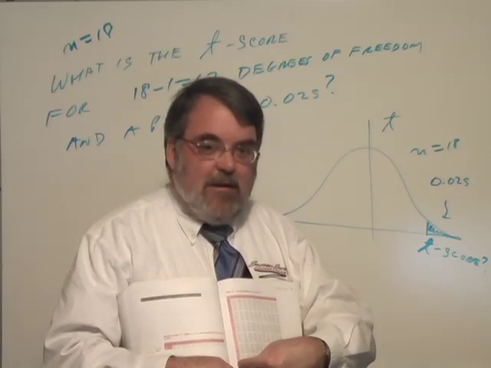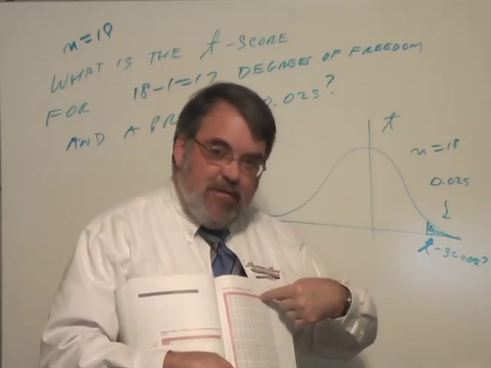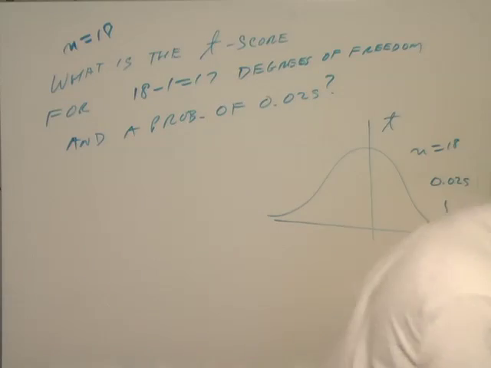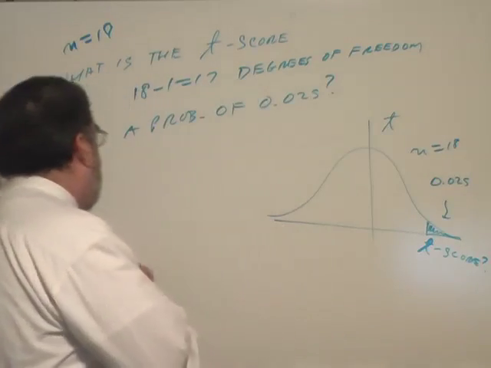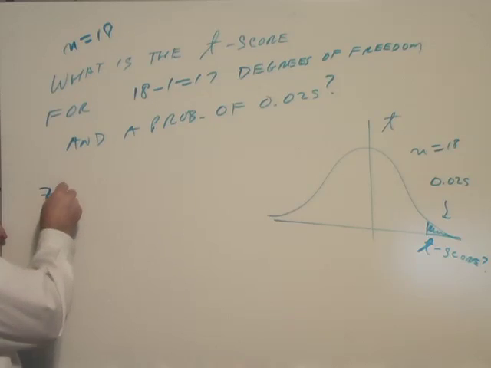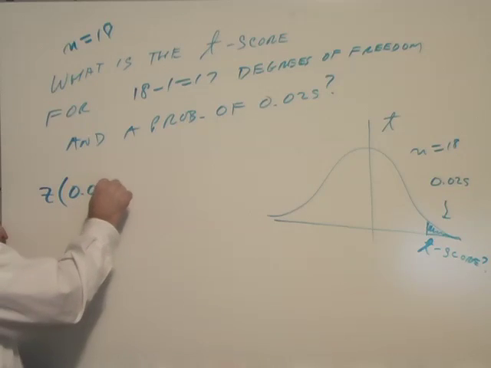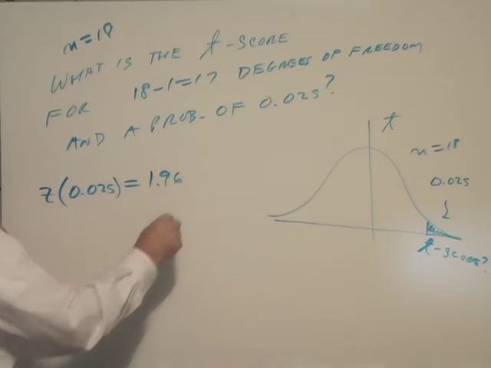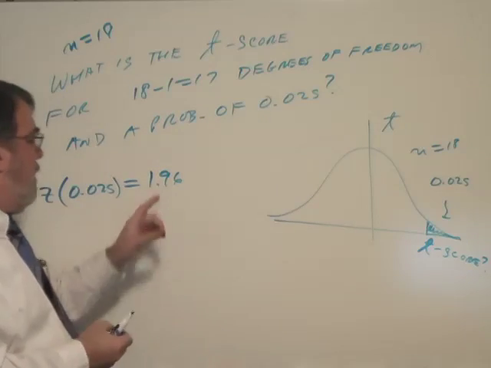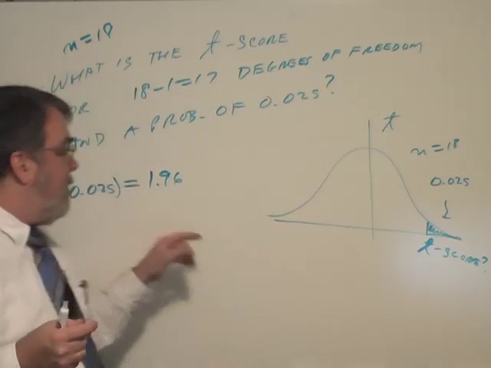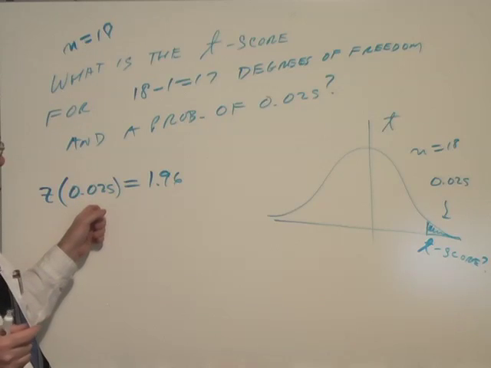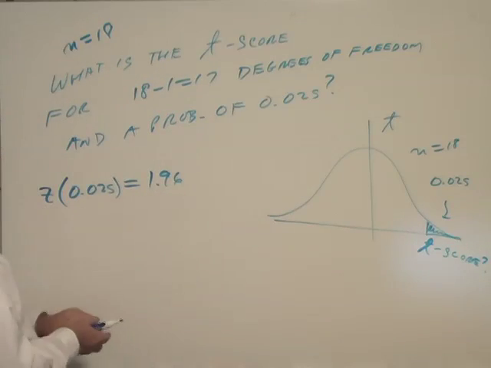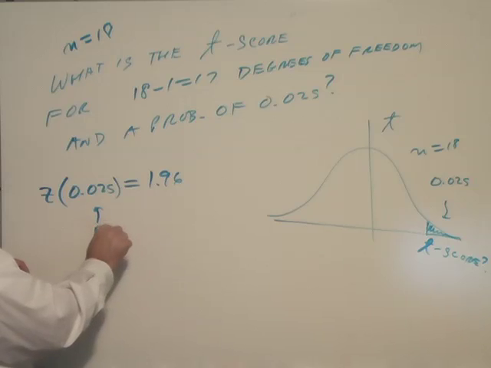So I go 1.9 down here, I go over to 0.06 over here, and I find a number. That's the probability. So let me write that on the board. The z-score associated with a probability of 0.025 is 1.96. So now I just said that backwards, didn't I? If you look at a z-score of 1.96, you get a probability of 0.025, 2.5%. So here's the z-score, this is the probability.